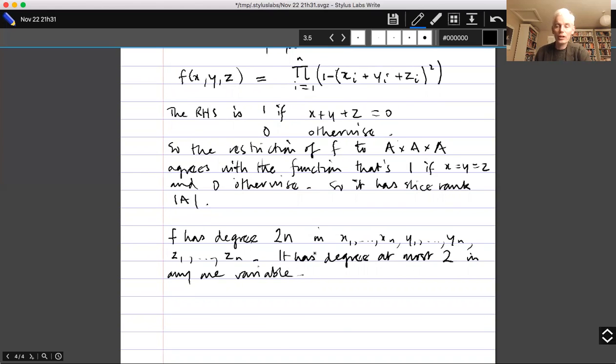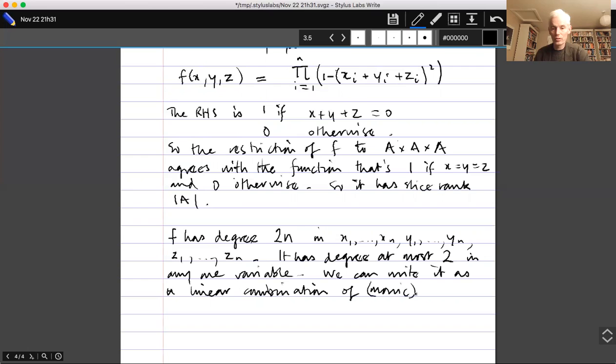So it works out as, and we can write it as a linear combination, an F3 linear combination of monomials, so that will be the form of some kind of product.